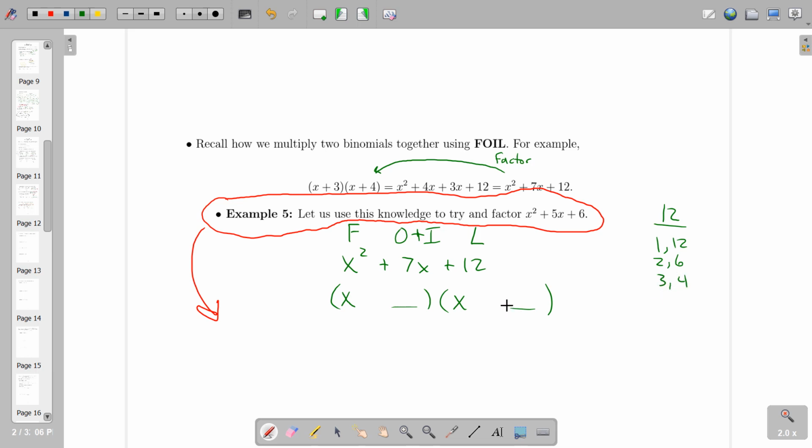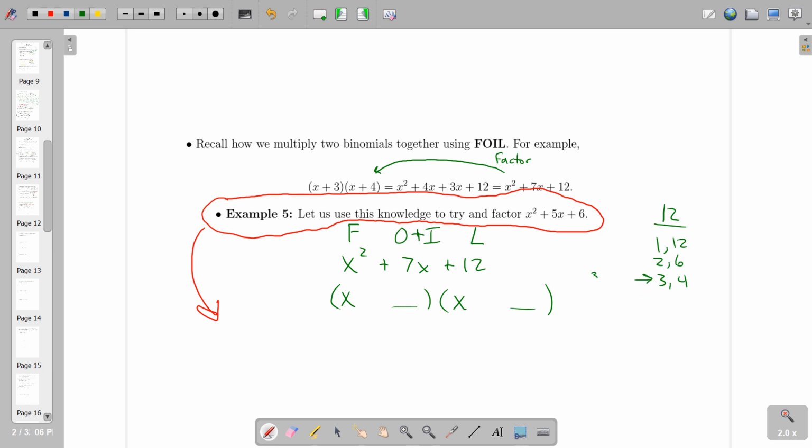But the way we make our decision is we look at the middle term and we say, okay, well, outside plus inside, that's got to make 7x. So you look at these and you say, which one of these makes 7x? Well, there's our winner, right? And we can see it there, right?